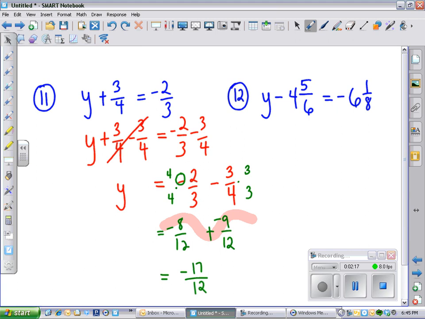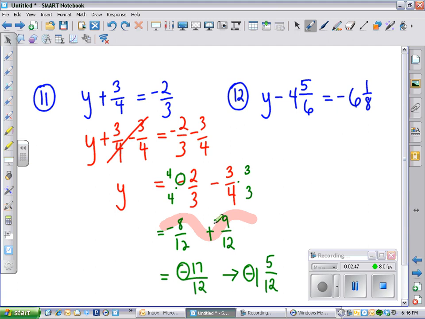You can reduce this, and for this quiz, when they say simplify, they would like that. 12 goes into 17 once, with 5 left over, and our denominator was 12. Think of that like your units. Say if it was miles, feet, kilometers, you're going to keep the units. That's your denominator. The original fraction was negative, and we're just changing its form, so it's of course going to stay negative in its mixed number form.